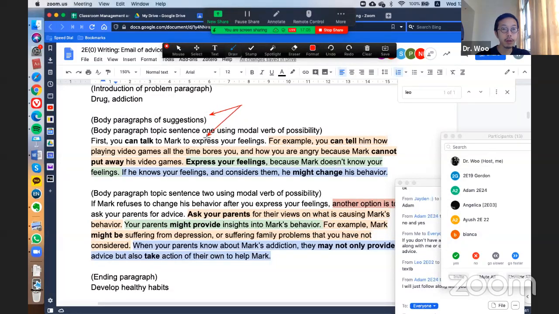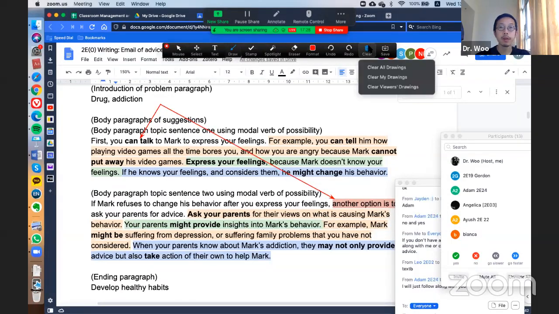First, start with your topic sentences. You can see with my topic sentences, I use the modal verb construction, and I used a semi-fixed expression. That was something I was looking for.